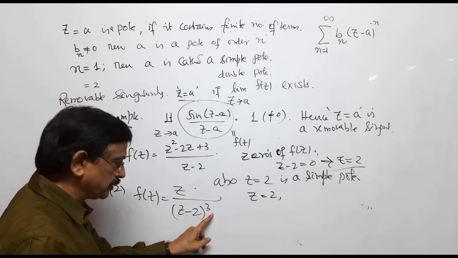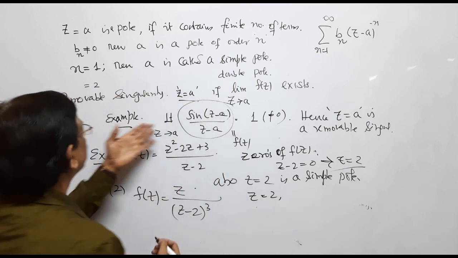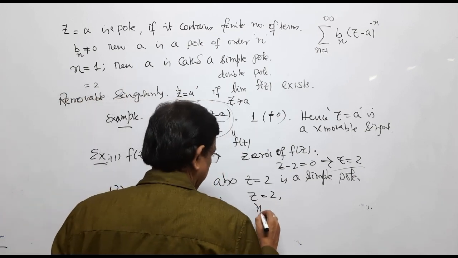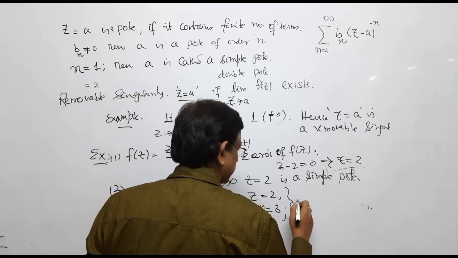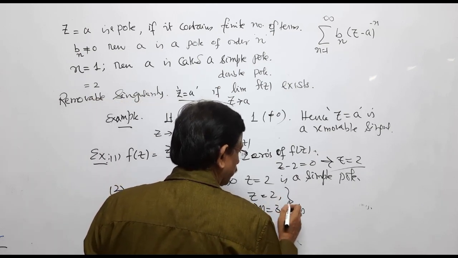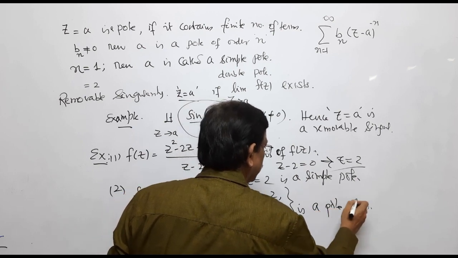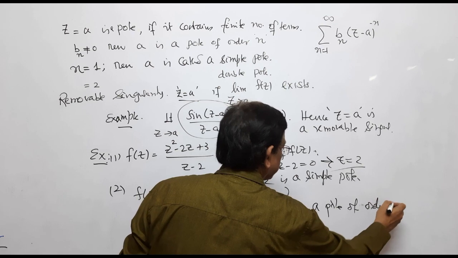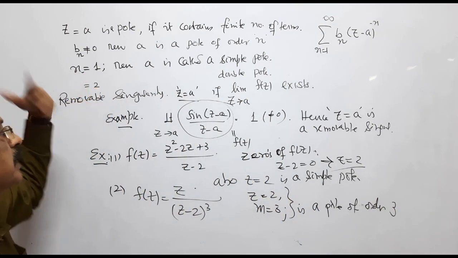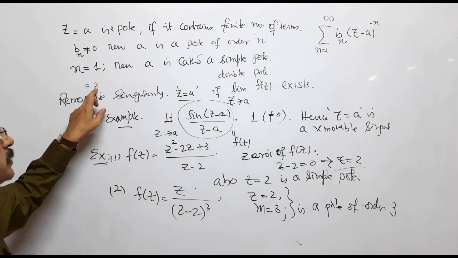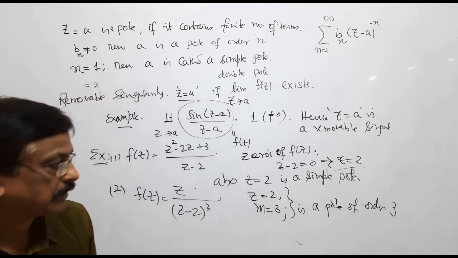So here I can say n or m, whatever, it doesn't matter, it's a symbol. So m equal to 3, so z = 2 is a pole of order 3. If it is 2, it's called a double pole; simple pole, and pole of order 3.